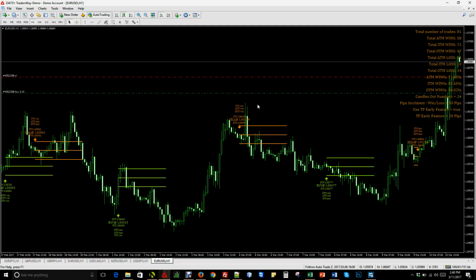Your initial stop loss, you're going to want to set to the previous support or resistance. Okay. So, let's say, for example, this trade right here, this was a loss all around.